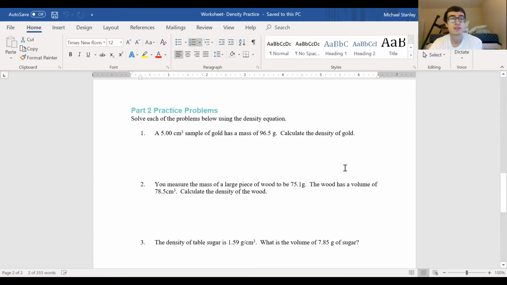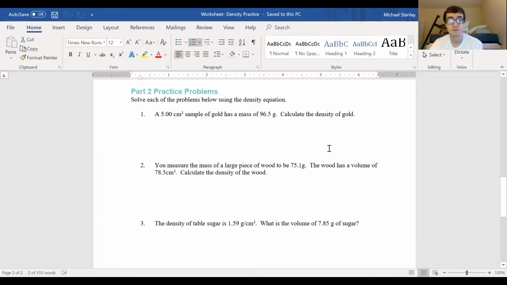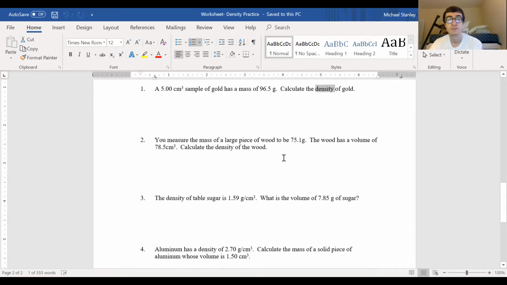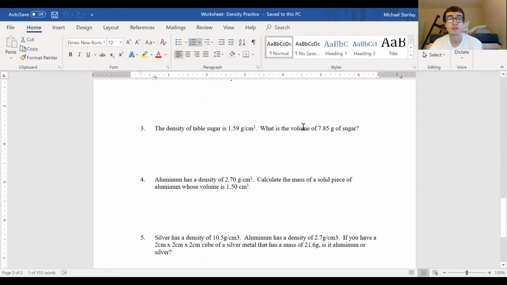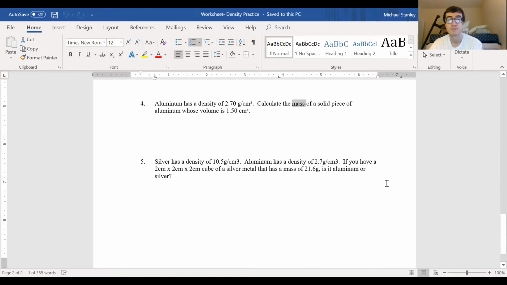Page 2 is essentially just the same set of stuff. It wants you to calculate the density based on the mass and the volume. It also might ask for what is the volume and what is the mass.